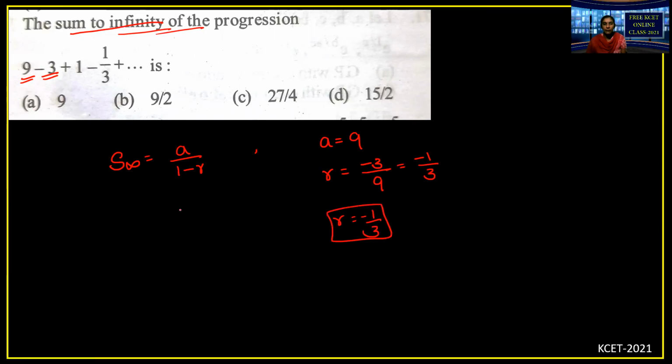So substitute the A value and R value in the S infinity formula. So 9 divided by 1 plus 1 by 3. So that is 9 divided by 3 plus 1, 4 by 3. So that is 9 threes are 27 divided by 4. Option C is the correct answer.